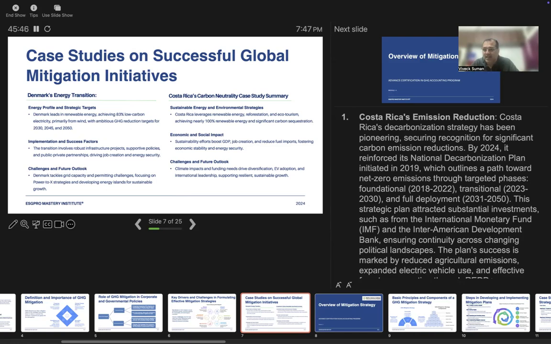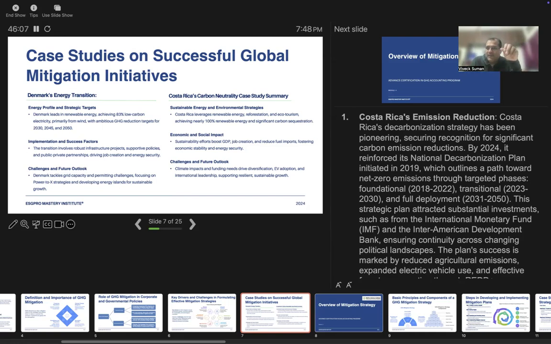Let's take the Costa Rica emission reduction initiative. This case study, of course a 3-4 page case study, highlights Costa Rica's decarbonization strategy. They named it decarbonization because it was a carbon-intensive project, and the strategy has been pioneering in this field.